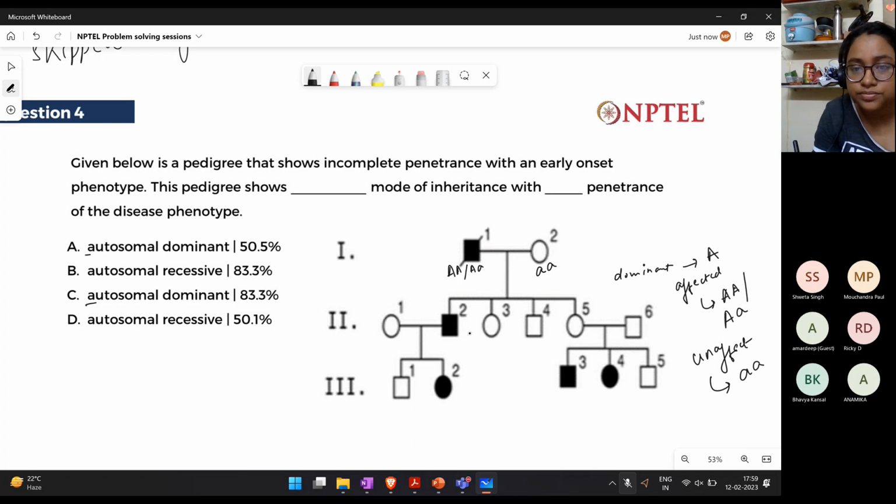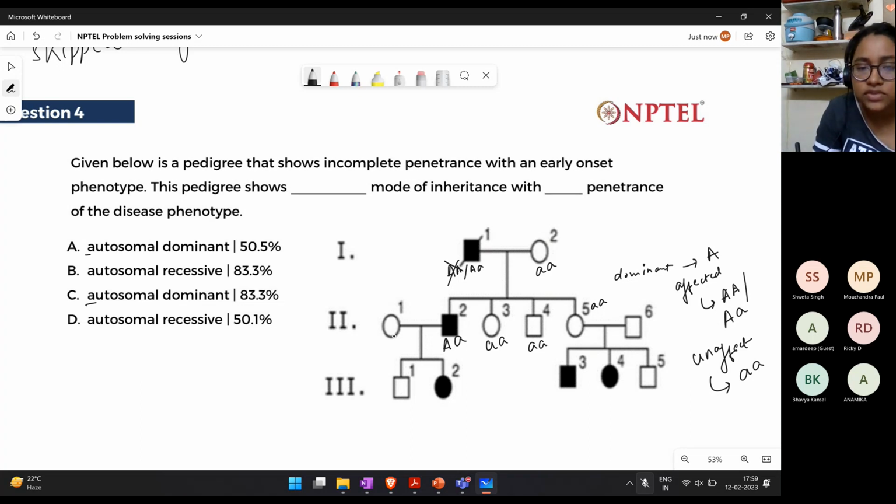Now, none of their children are affected. Out of four children, only one is affected. So this genotype won't be there. It will be capital A, small a, because of which the unaffected people will have small a, small a and the affected person will have capital A, small a.